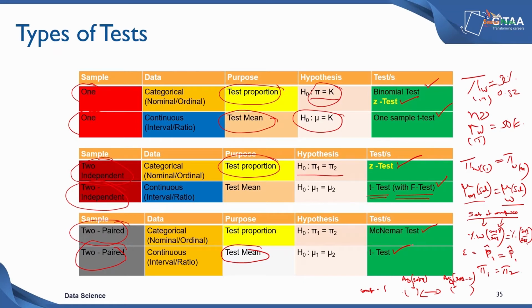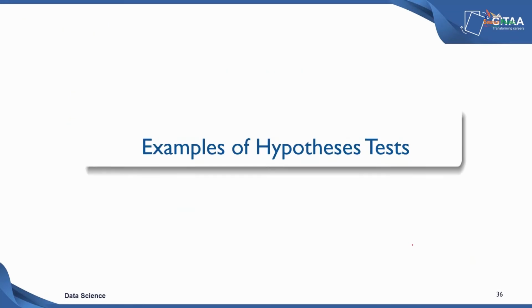We will actually look at some examples of each of these tests, not all of them. At least we will look at the one sample proportion, one sample mean, and then the independent sample proportion and independent sample mean tests, using some examples with some familiar data sets. So we're going to look at some examples for hypothesis tests.